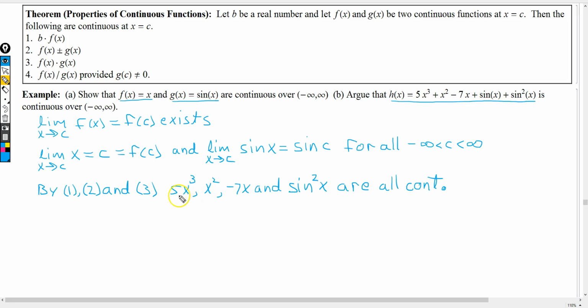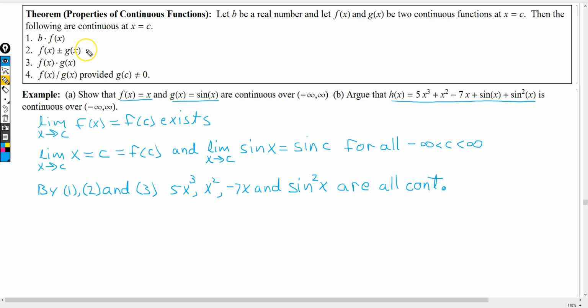For example, we can conclude 5x cubed is continuous because all we have to do is multiply x by itself once and then twice, or just 3 times, using property number 3, and so we get that x cubed is continuous, and then just multiply by the constant 5, that's property number 1, so certainly this is continuous.